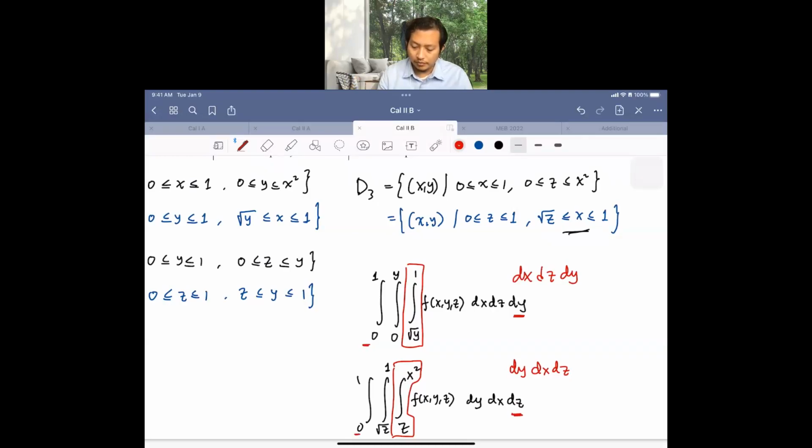So dy, this second part should be a function of y, and the last one could be related to z. It could be related to y. Same thing here: x should be related to a function of z, as you see from the square root of z, and y should be related to x and/or z.